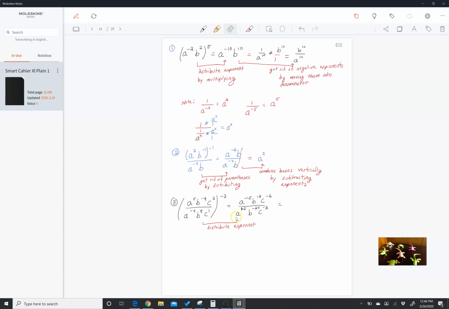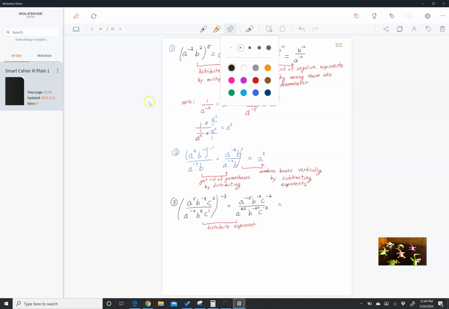So our second step is going to be to combine vertically. We only see one of each base in the numerator and one of each base in the denominator. This is going to change eventually. Okay, but we see an a in both the numerator and the denominator, which means that we have to combine vertically. When we combine vertically, we subtract the exponents.